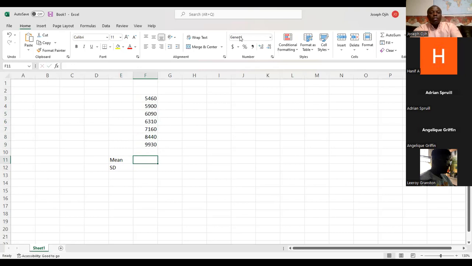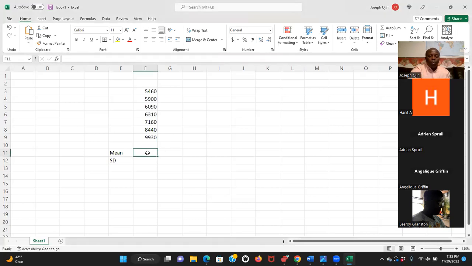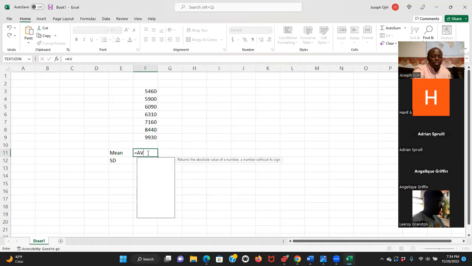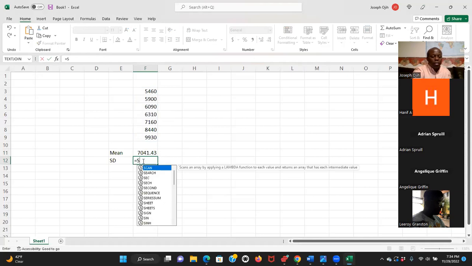As you can see from my screen, you can get all these numbers right away. For the sample mean, put an equal sign, type average, double click, highlight all these numbers, and press the enter key, and it gives the mean right away. For standard deviation, put an equal sign, type stdev.s.